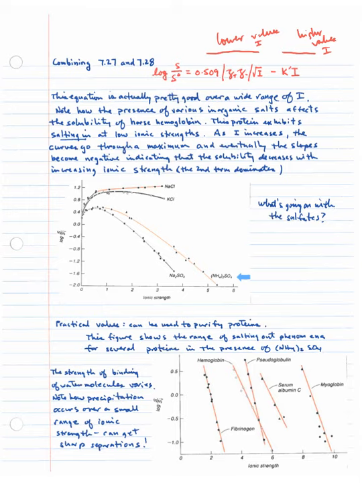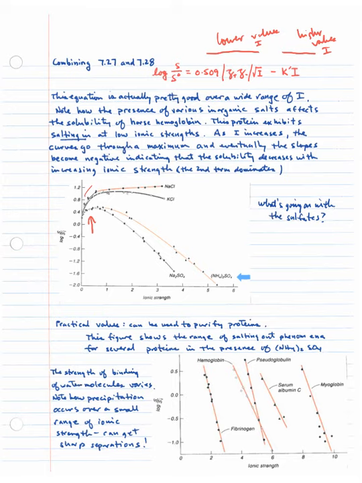Now, look at the graph I have here. Notice how the presence of various inorganic salts affects the solubility of a big protein, horse hemoglobin. This protein exhibits salting in at low ionic strengths. So what we're saying here is that you could add some inert salt to your solution and cause more of the hemoglobin to dissolve.